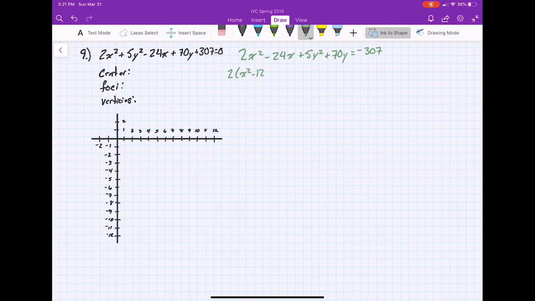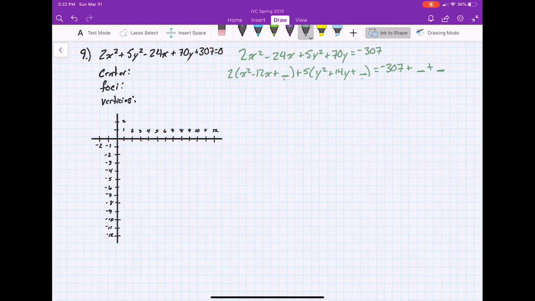So we'll get 2 times x squared minus 12x plus some number, plus 5y squared plus 14y plus some number, and that's all equal to negative 307 plus some number, those two blanks from the other side.